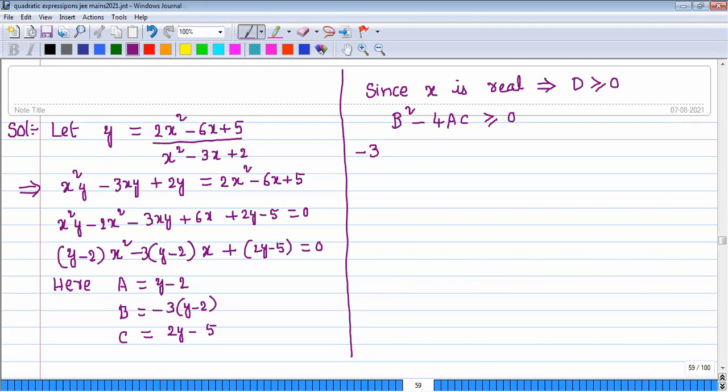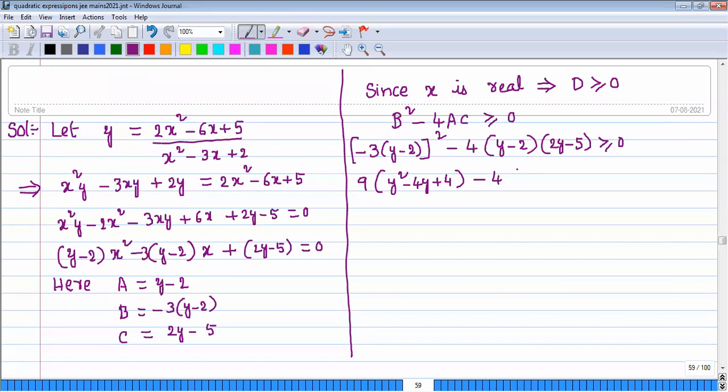So minus 3 times y minus 2 whole square, minus 4 times y minus 2 into 2y minus 5, greater than or equal to 0. This becomes 9 times y minus 2 whole square, which is y square minus 4y plus 4, and minus 4 times y minus 2 into 2y minus 5.